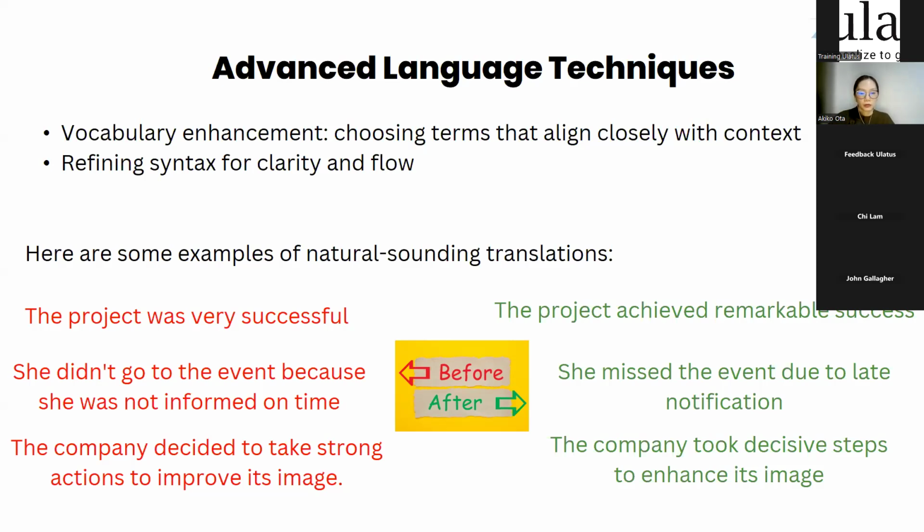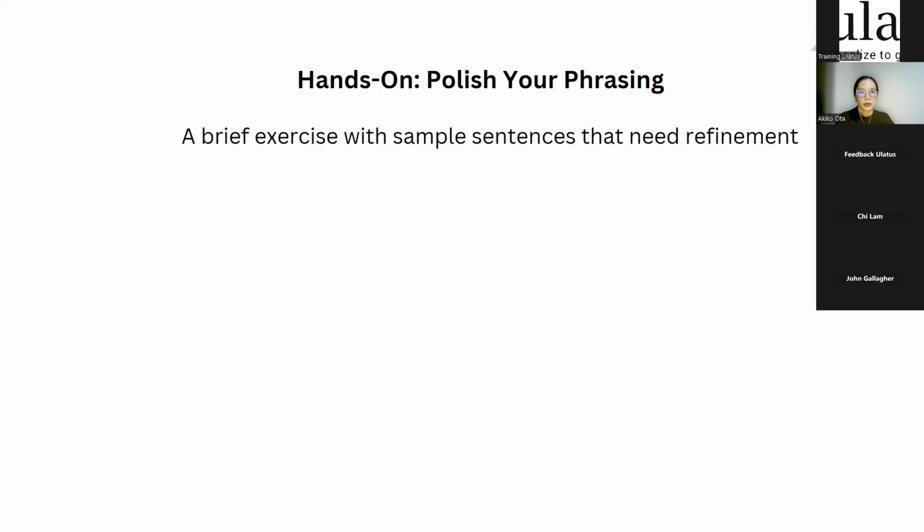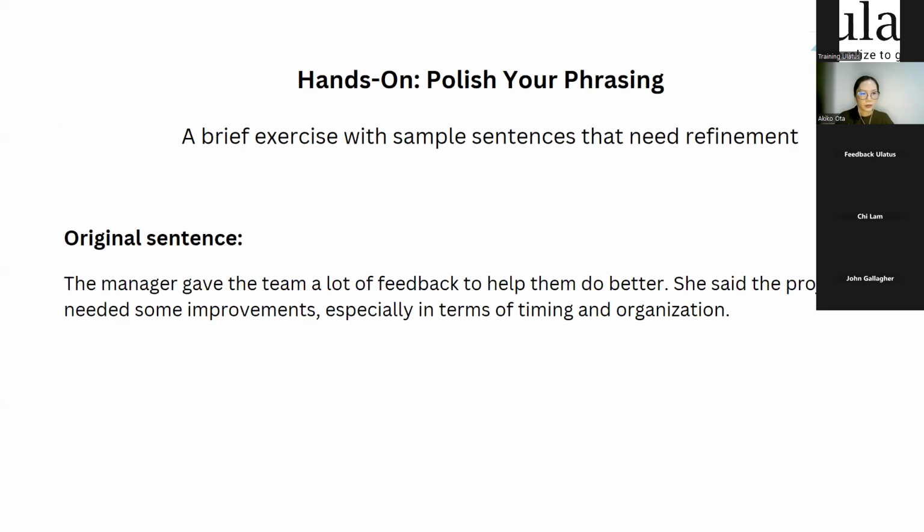Okay. This will be followed by one more exercise. Let's put this into practice with the rewriting exercise now. On the screen, you will see a sample sentence that could use some polishing. This one. The manager gave the team a lot of feedback to help them do better.